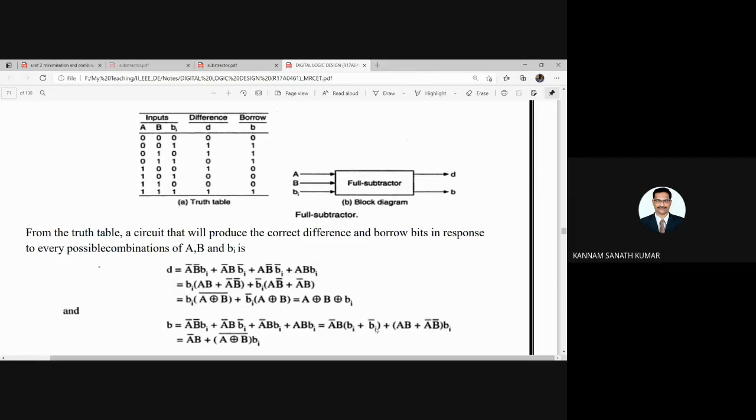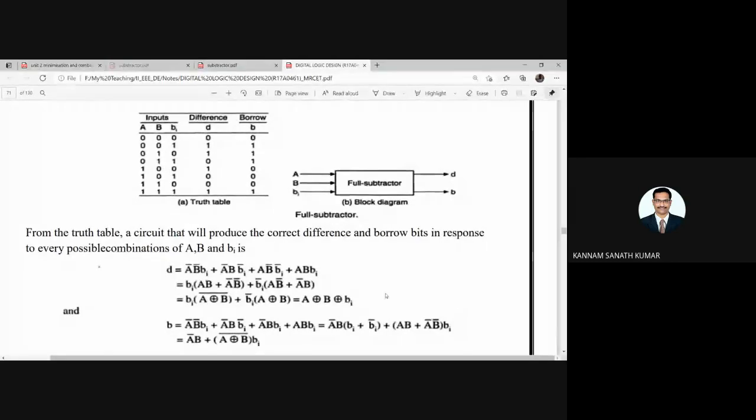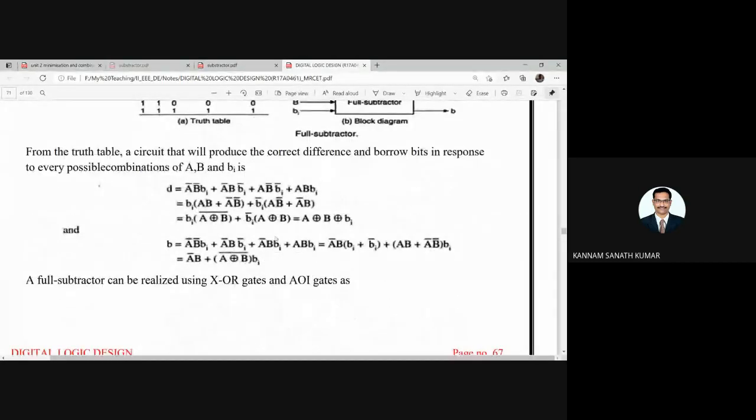You know that Bi plus Bi bar equals 1. So A bar B plus AB plus A bar B bar you can write as (A XOR B) whole complement into Bi. So this is the expression for the borrow: A bar B plus (A XOR B) whole bar into Bi.